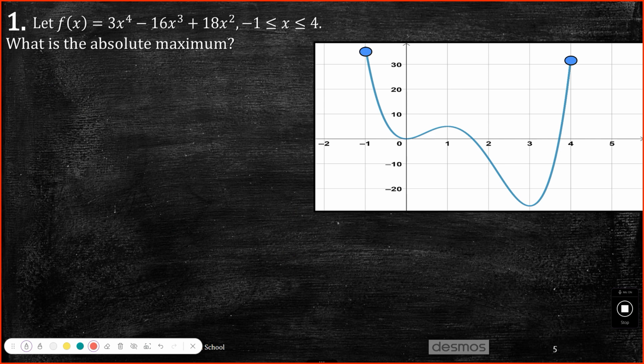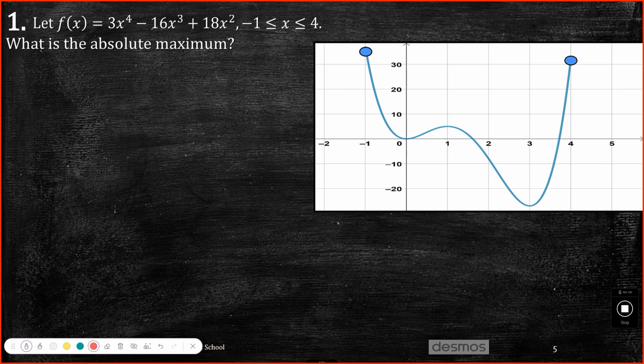You could go ahead and save the function. Put it in your calculator, and then just evaluate what would be the absolute maximum. The absolute maximum looks to be here on the left side.